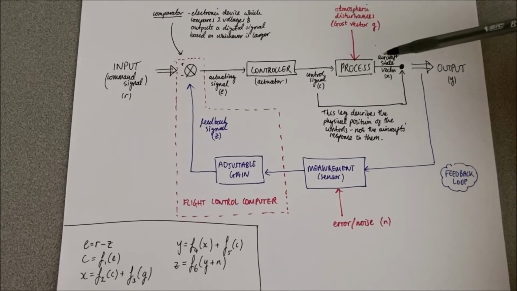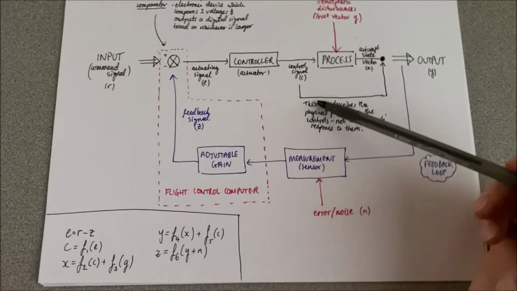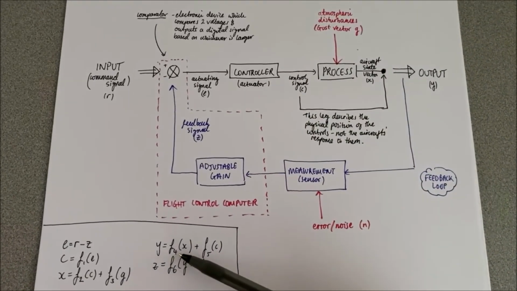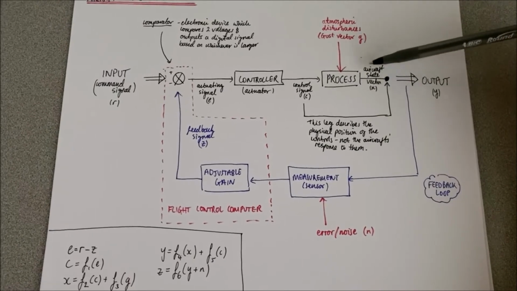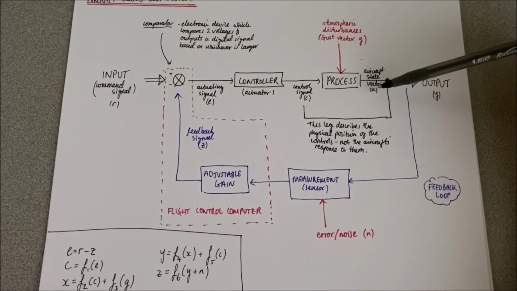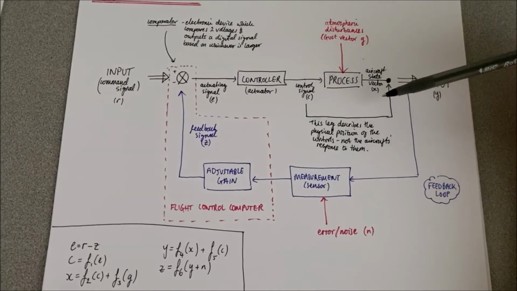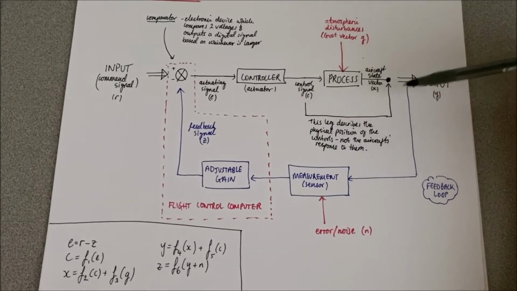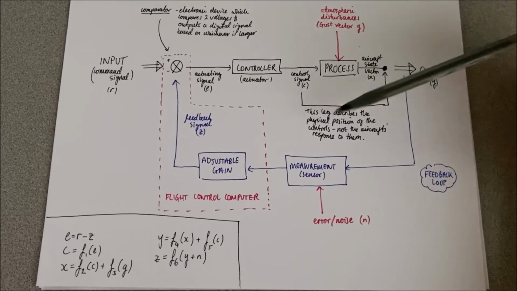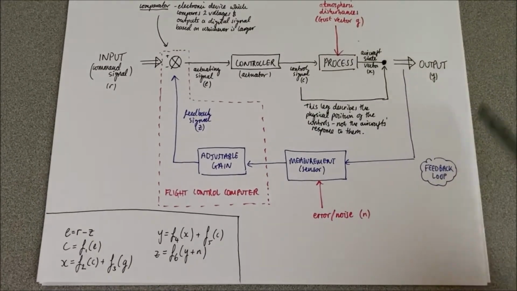So then all of that gets fed out to the output, which we give notation y, and of course that is some function of where or how the aircraft has responded to the process, but also contains information regarding where the controls are positioned at that moment in time as well. So a function of the vector x and also a function of the vector c directly.